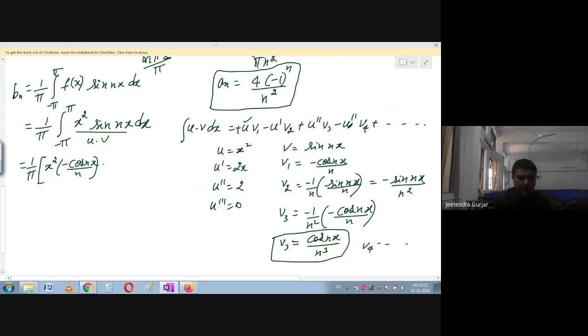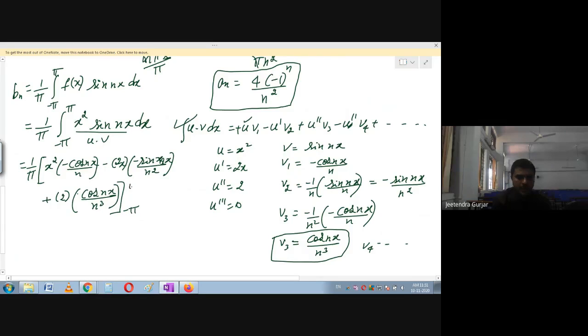Next, minus u dash, which is 2x. Then we have v2, which is minus sine nx upon n square. Plus u double dash, 2, and v3 we have cos nx upon n cube.